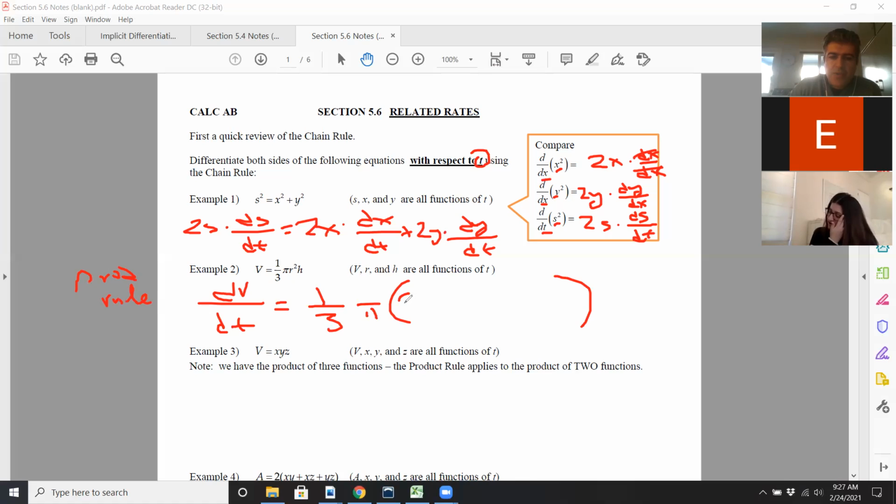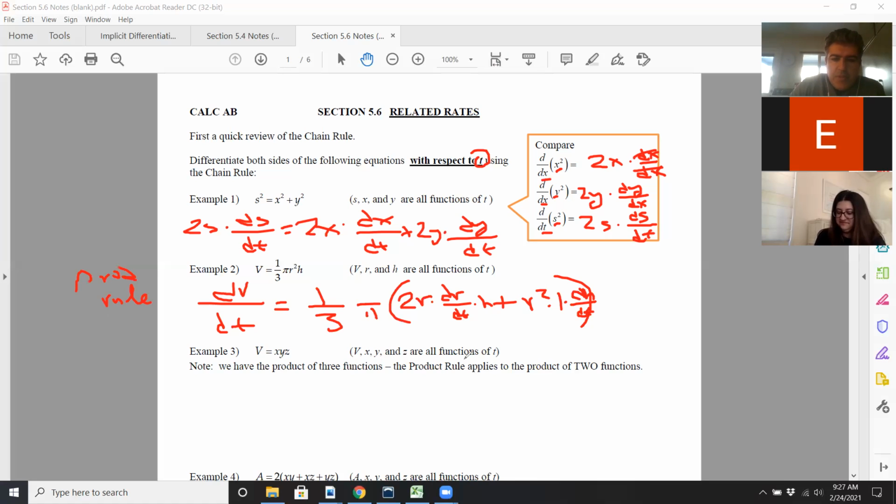So you take the derivative of r squared, which is 2r, we have to say dr over dt, then times h, of course, plus r squared, the derivative of h is 1, times dh over dt. So, yeah, there we go. Questions about 1 or 2 before I move forward at all? Okay, let's do it again.